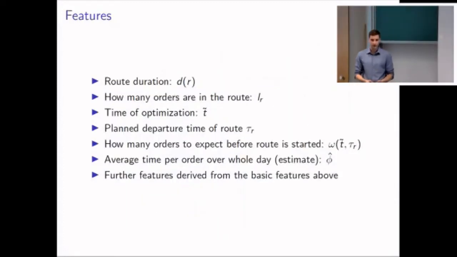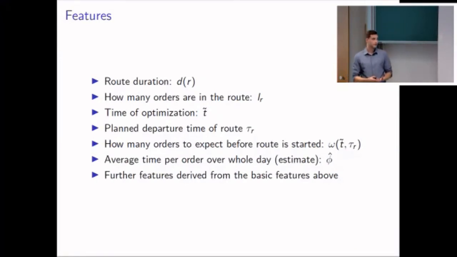So since we're training models, we have features. And the most important ones are the myopic route duration, so the route duration only considering currently available orders, how many orders there are in the route, the time of optimization, the planned departure time, and probably most importantly, how many orders we can expect before the route is started.